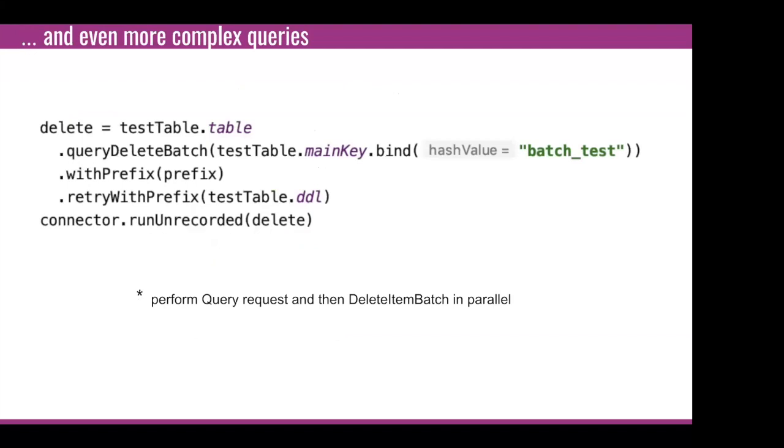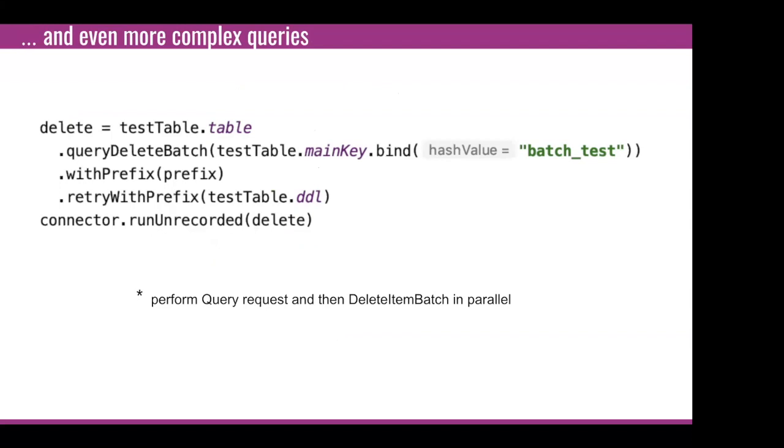Here we have a query delete batch request. Sometimes you don't have enough data to perform a delete item batch, but you could query your database, extract the data, and then perform the delete item batch.